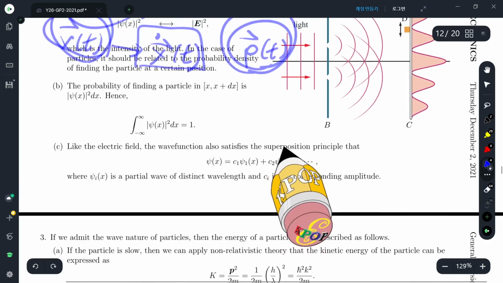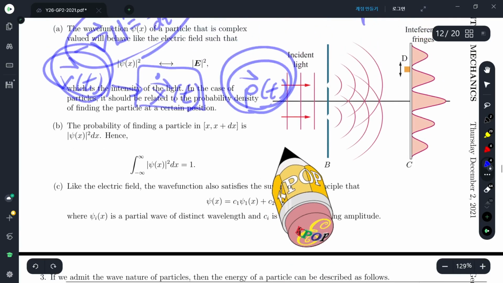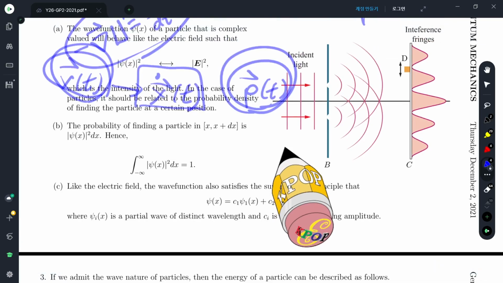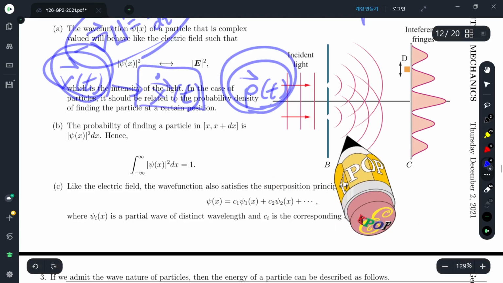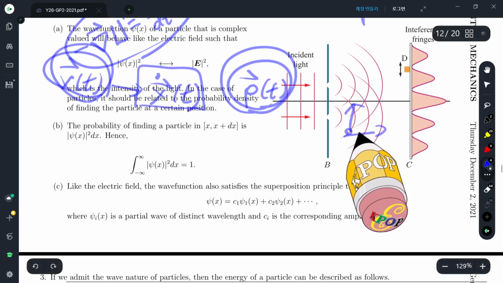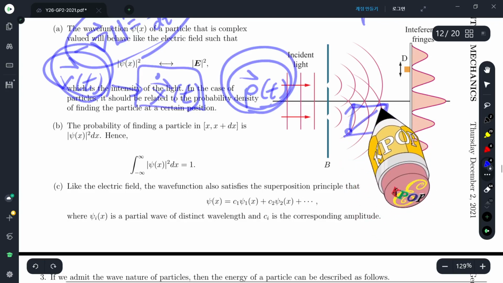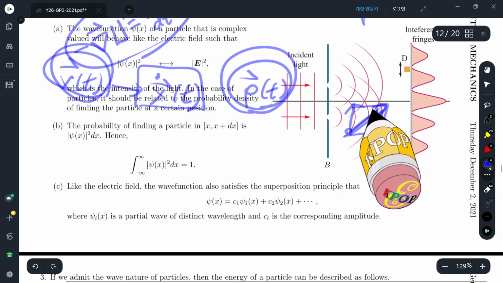Next, if we consider wave mechanics, we can consider interference. Interference is based on the superposition principle, just like when we apply two forces, the resultant force can be computed as a vector sum.